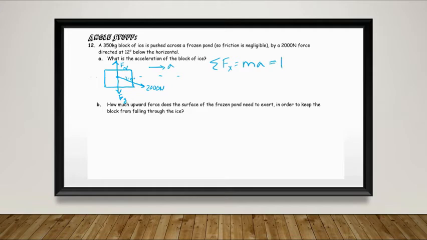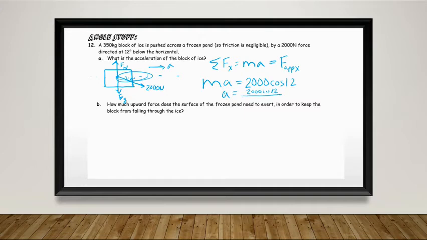We know that that's also equal to 2000, your force of x, we'll say force applied in your x direction. Okay, so we end up having mass times acceleration is equal to 2000, and we're just dealing with this force right here. So 2000 cosine 12, or my acceleration is equal to 2000 cosine 12.